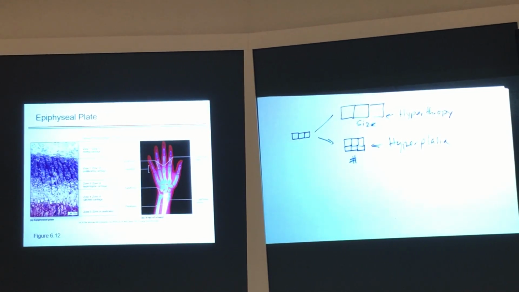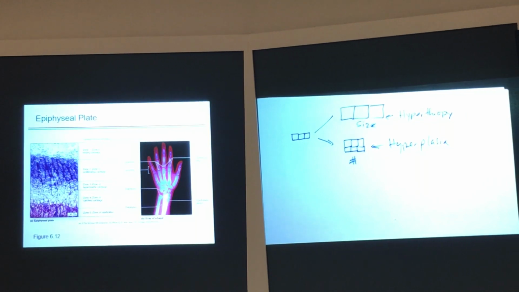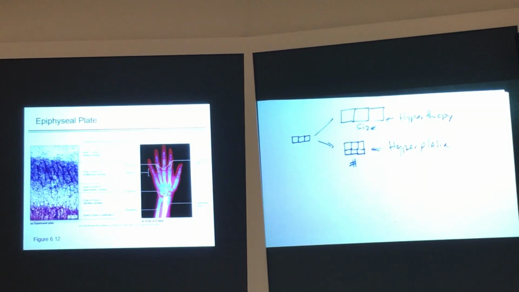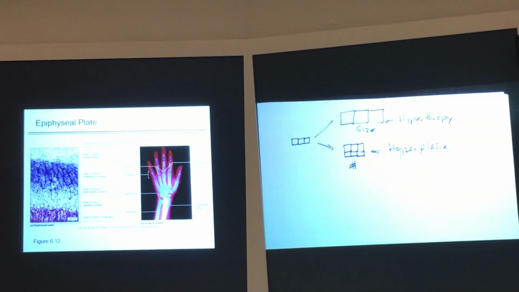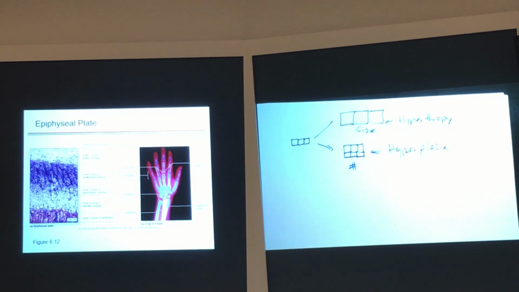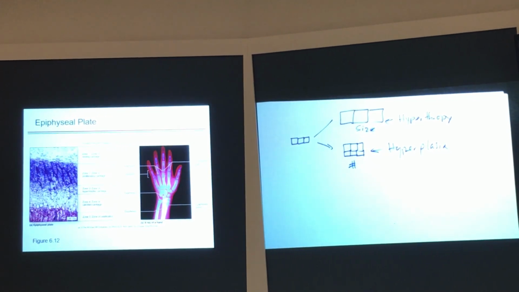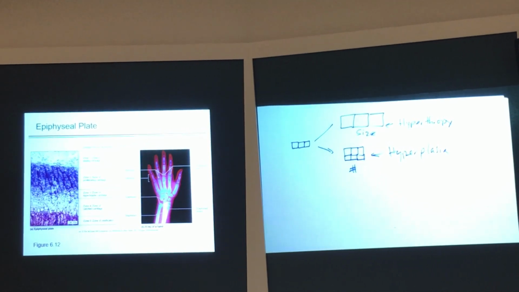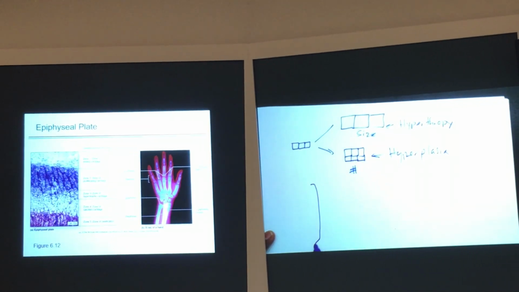So it's multiplying. And then it's gonna increase in size, so you'll see a space, and it's going to die here, which is calcification will kill the cell, and then bone formation will happen. So this happens on both sides of the bone. Let's say this is a long bone.